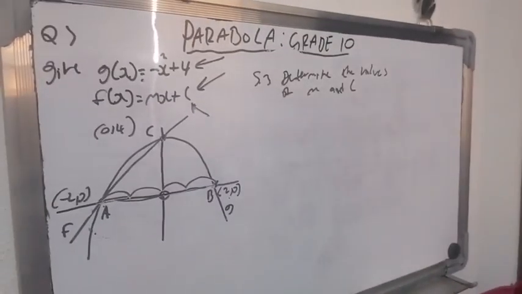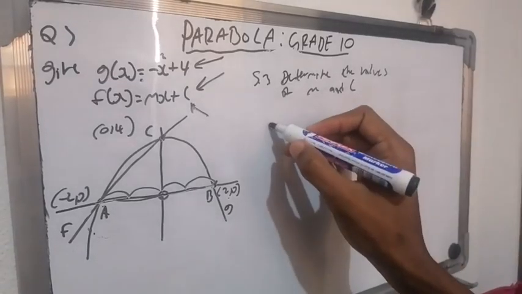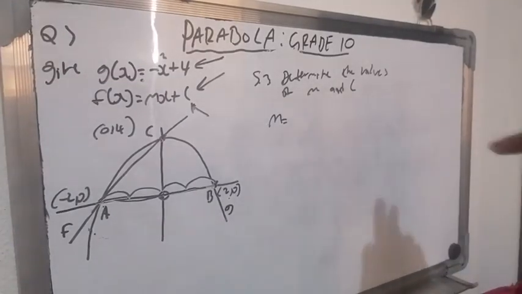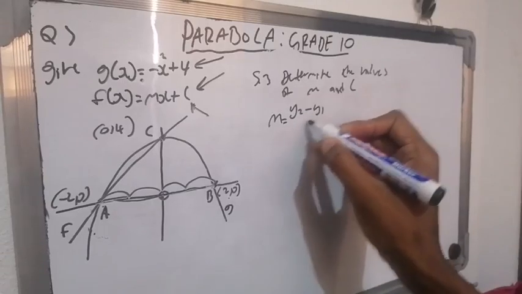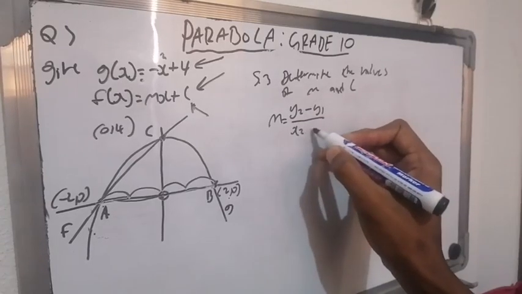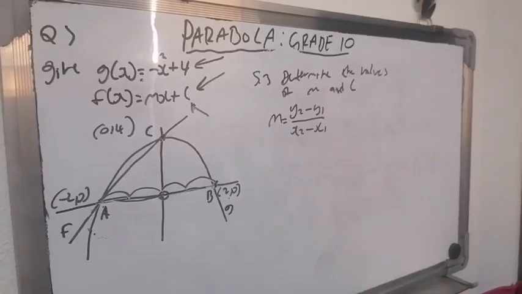Well, I told you guys that the M is the gradient, and the formula of the gradient is going to be y2 minus y1 over x2 minus x1. You just need 2 points.